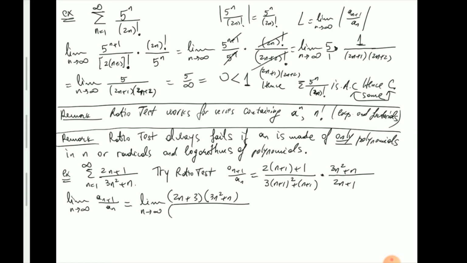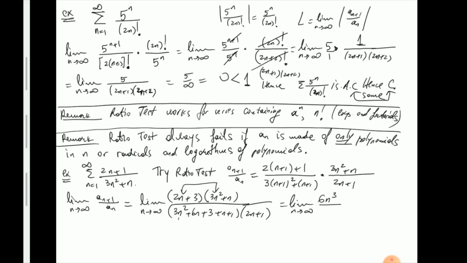And on the bottom here, if I expand this stuff, I'm going to end up with (3n squared + 6n + 3 + n + 1) times (2n+1). Anyway, so that we don't waste too much time, remember this limit is going to be decided by the ratio of the dominating terms. The dominating term on the top comes from 2n times 3n squared, which is 6n cubed.